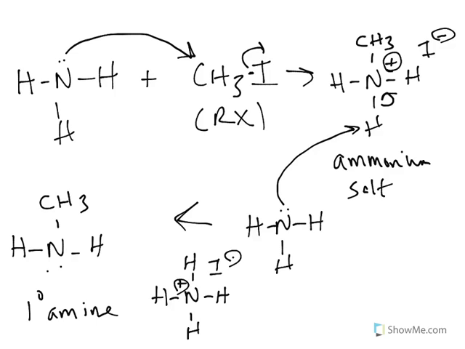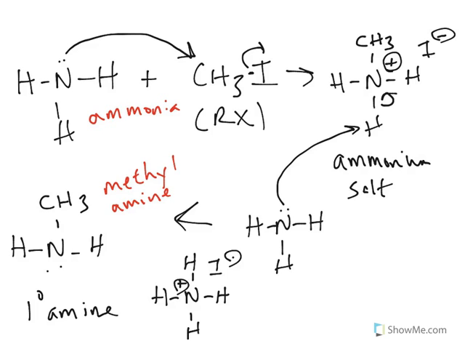The problem is that here we start with ammonia, and now we get methylamine. Turns out methylamine, since it has this electron donating methyl group in it, is more nucleophilic than ammonia.